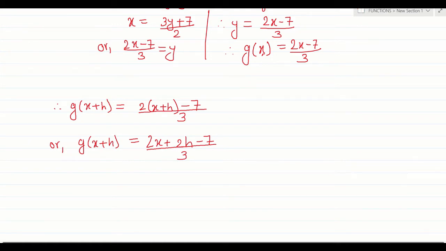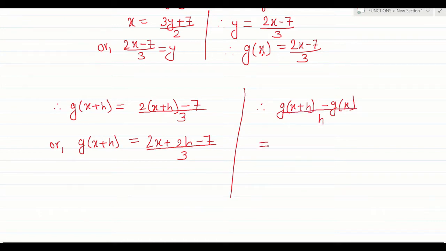Okay, we have found g(x plus h), but the question is asked to find out the value of g(x plus h) minus g(x) over h.